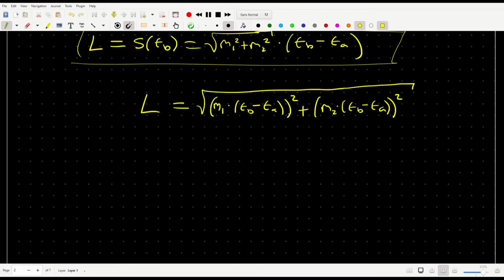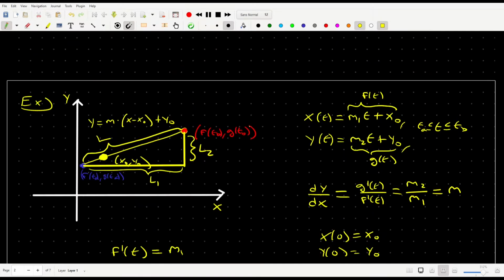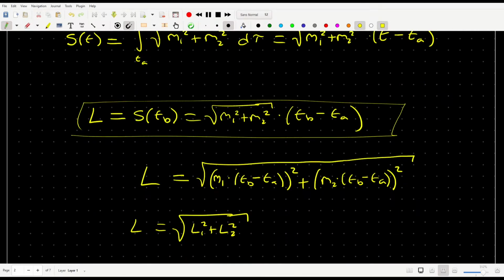M1 times TB minus TA is exactly L1, and M2 times TB minus TA is exactly L2. So this is very neat, and this is going to prove useful in one of the next examples I do when I talk about surface area.